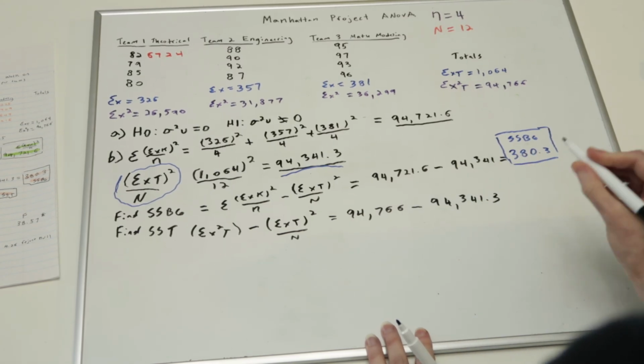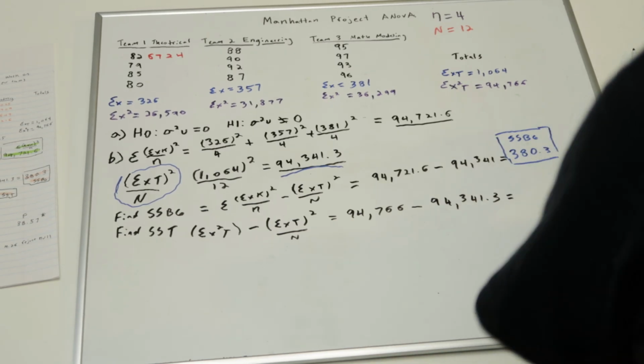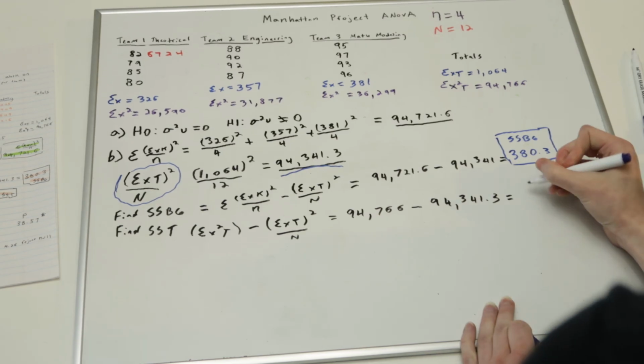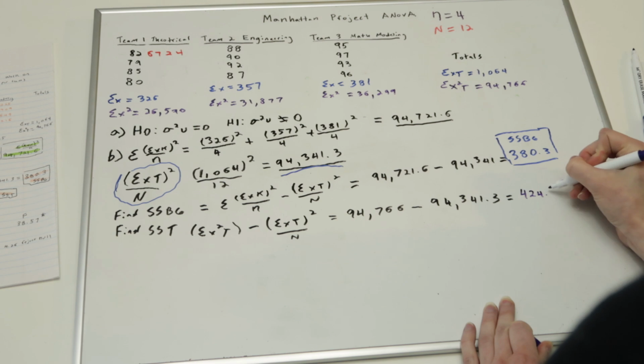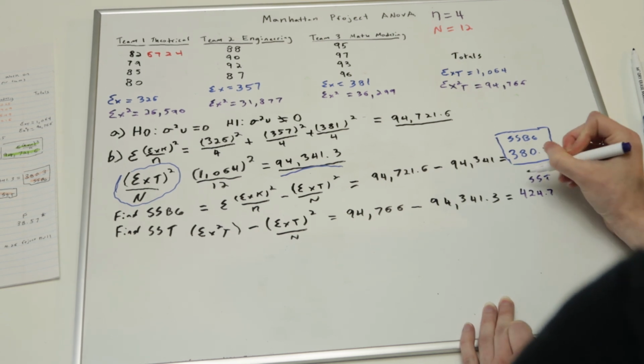And that is going to equal our sum of squares total, which is 424.7.